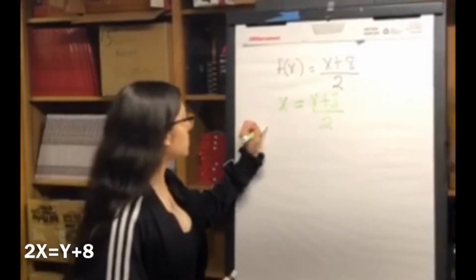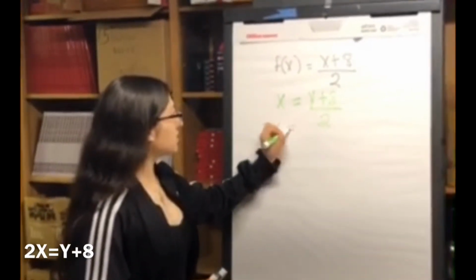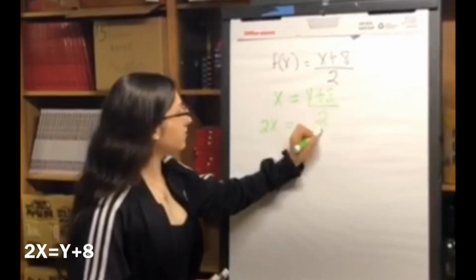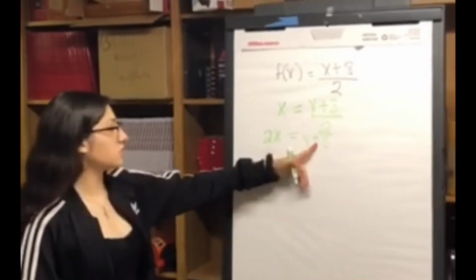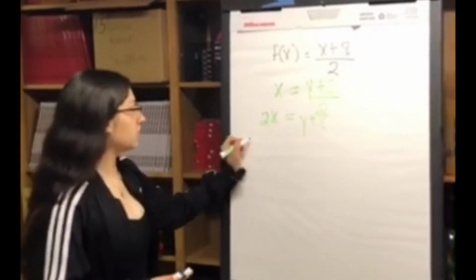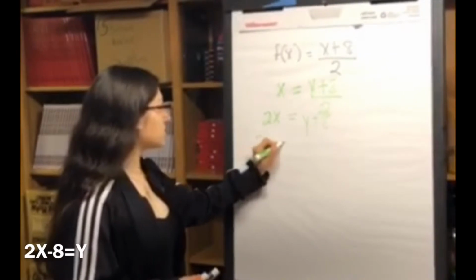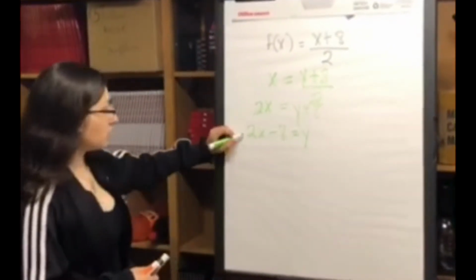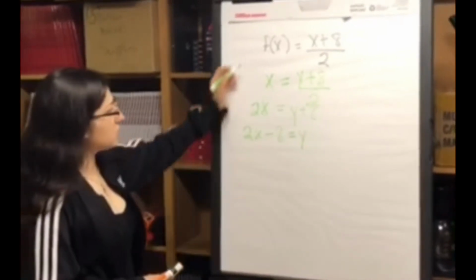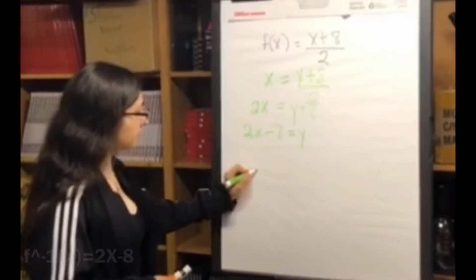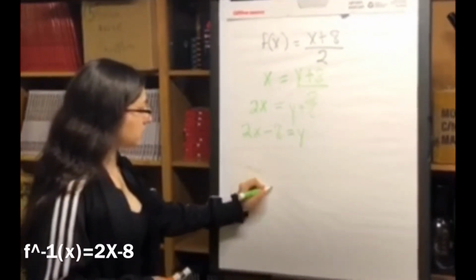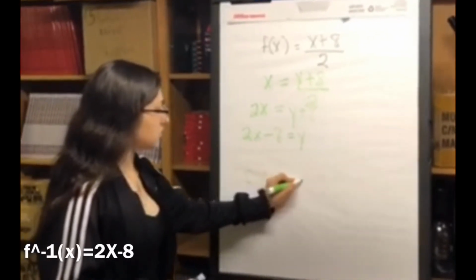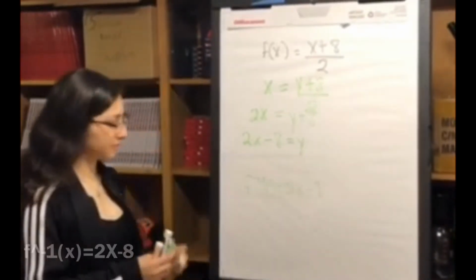So what you want to do is turn this into 2x equals y plus 8. And then from here, you subtract the 8 in order to get y by itself. So 2x minus 8 equals y. Once you get your y value, now you want to change it into the inverse, which is f negative 1 of x equals 2x minus 8.